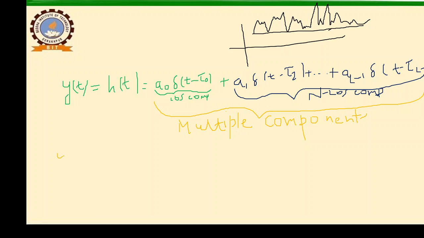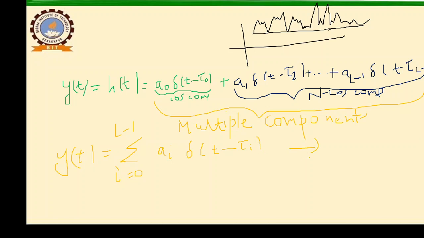So we write the output equation, y of t equals summation of i from 0 to L minus 1, a of i delta impulse shift t minus tau of i.